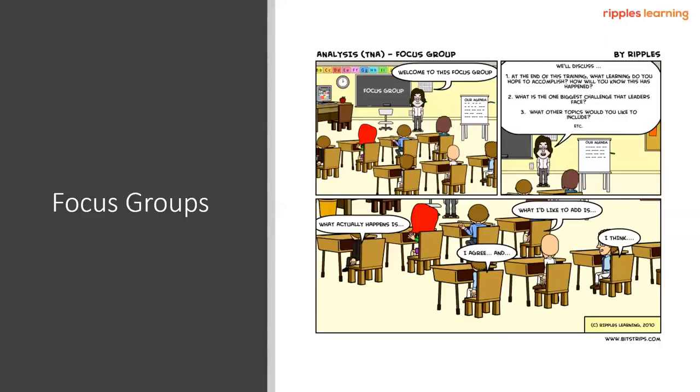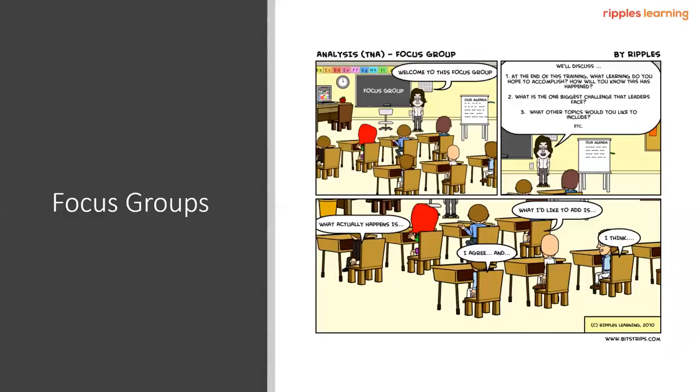Usually the way the focus group is conducted is you ask a question and the group discusses it for a while, and then you ask another question and then again the group discusses it. If somebody says something which is interesting and it starts taking your research in a direction that you want it to go, then you also allow that to happen. So that is what you can do in a focus group.